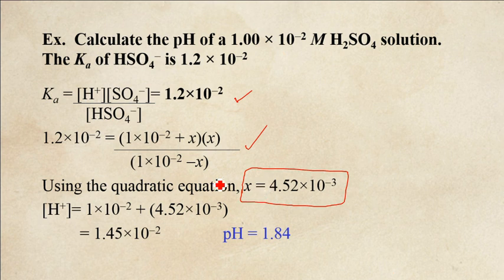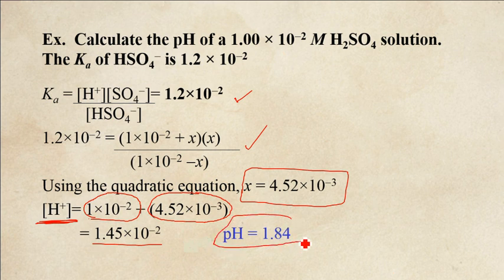Keep in mind that x value is your hydrogen ion concentration. We've added our original concentration and the concentration from our second dissociation together to get the total hydrogen ion concentration in the solution. Once those are added together, we then take the negative log of that value to get the pH of the solution.